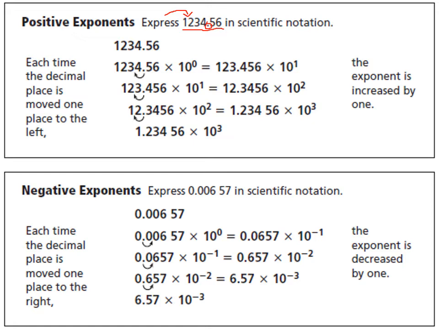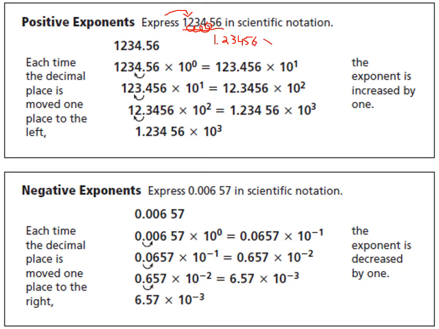And so what you do is you count how many spaces that would be. So you take that decimal and you start counting. You go 1, 2, 3. So when I move that decimal place, I now get the coefficient 1.23456.